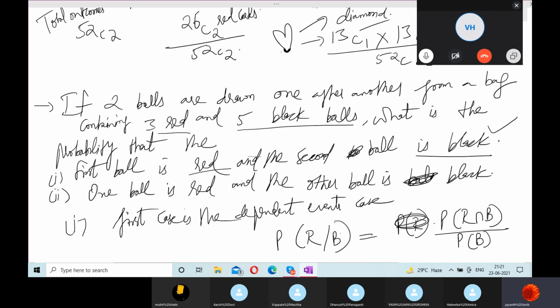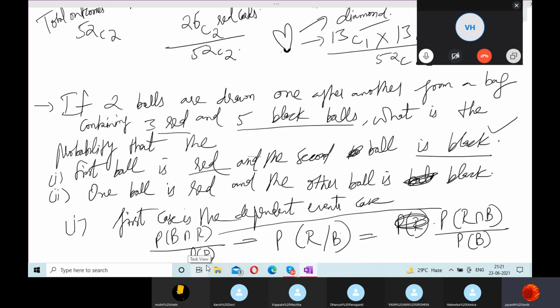Probability of red given black is nothing but, or we can write this way also, probability of black and red. These two are common, na? This and this would be same always. Probability of red. Okay.